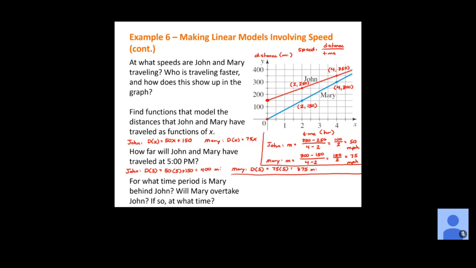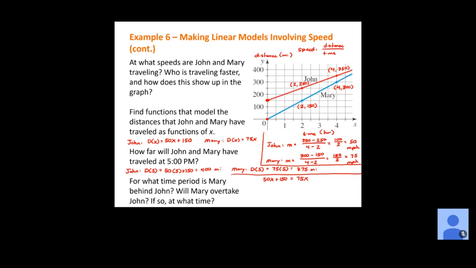So the way we're going to figure that out now is we're actually going to take the distance for John and the distance for Mary, and we're just going to set them equal to each other, right? Because if I want to know when Mary catches John, we need their distances to be the same. So I'm going to set 50x plus 150 equal to 75x.